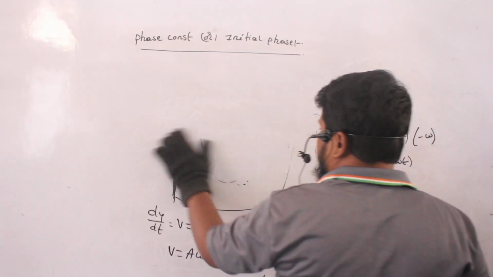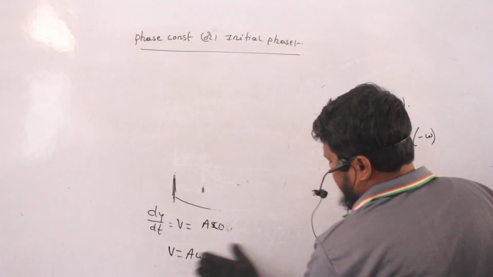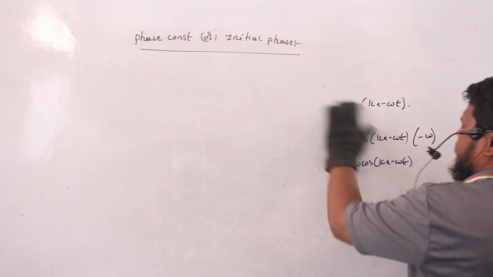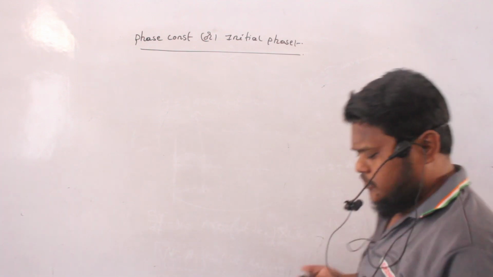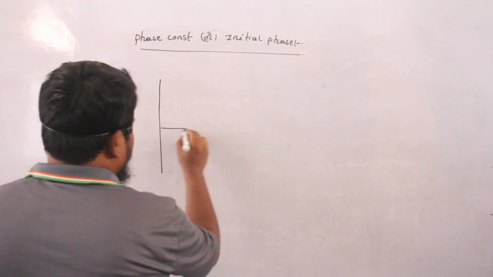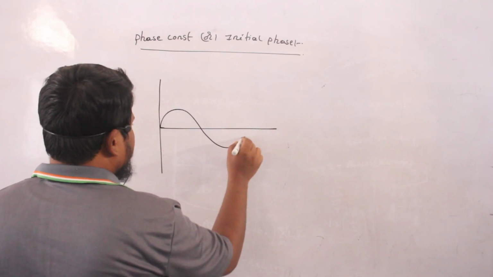Now let us try to understand what is meant by phase constant or initial phase. So at time t equal to 0, what is the phase of the particle? That is called the initial phase or phase constant.